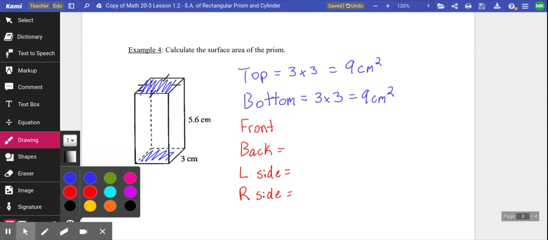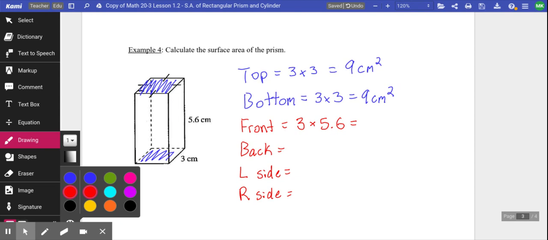They're all rectangles that are the same. If I want to calculate that front, I'm going to do length times width. So if I'm looking at this front here, length is 3. The width is the height. In this case, it's 5.6. So that would be 3 times 5.6. Which is a number I can do.